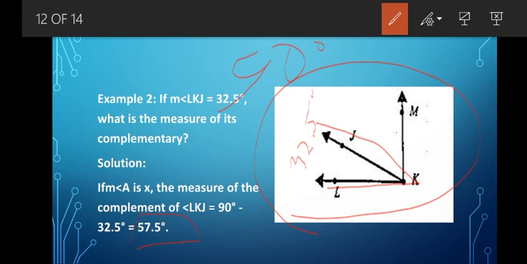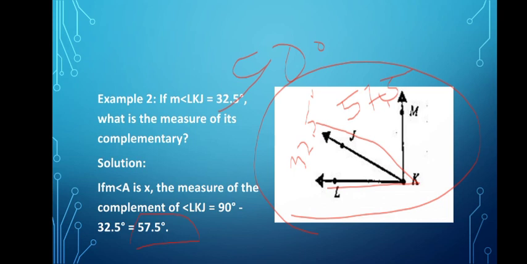So therefore, the angle GKM is 57.5 degrees. Always remember that complementary angles are two angles that, when we combine the values, are equal to 90 degrees or form a right angle.